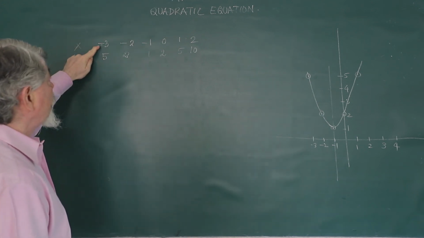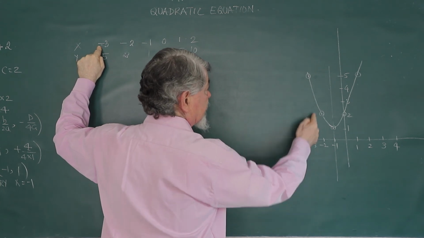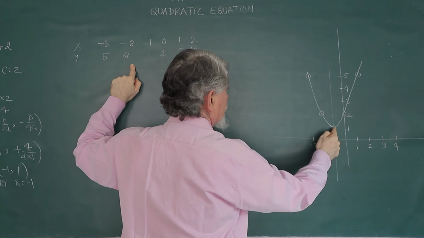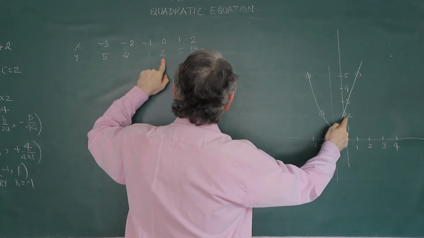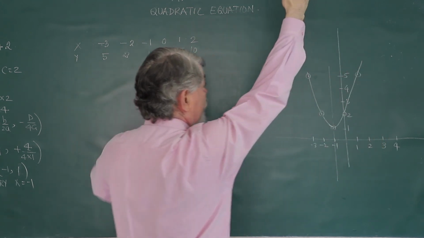Then let us plot the point minus 3, 5. We come to the x-axis, go to minus 3 and go up 5; minus 2, 2; then minus 1, 1; then 0, 2; and 1, 5. I am not plotting 2, 10 because it will go much higher.